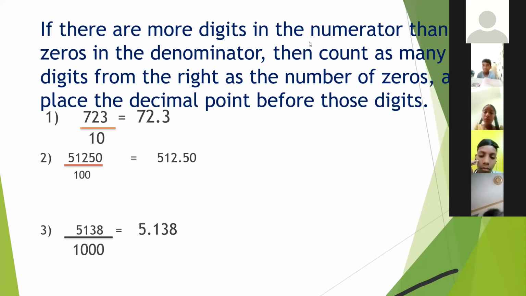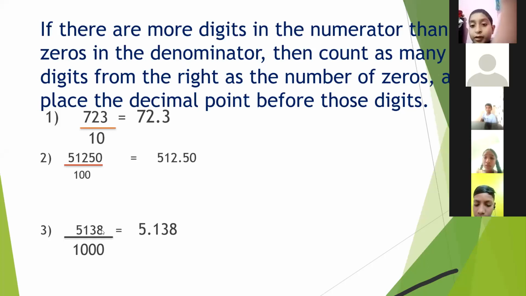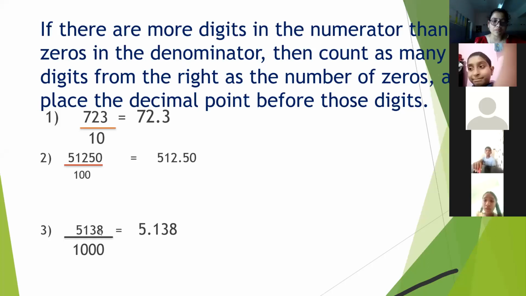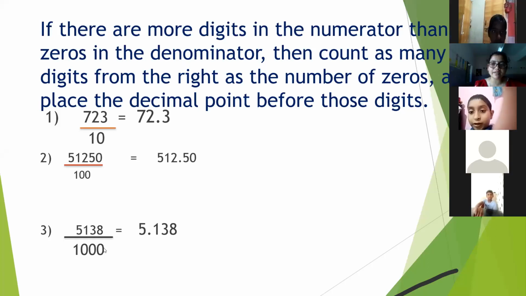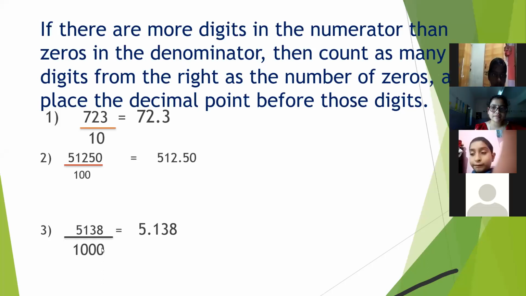Alok, unmute yourself and then answer. Yes, in the numerator, how many numbers are given? 4. 1, 2, 3, and 4. In the denominator, how many are given? 4. 1, 2, 3, 4.